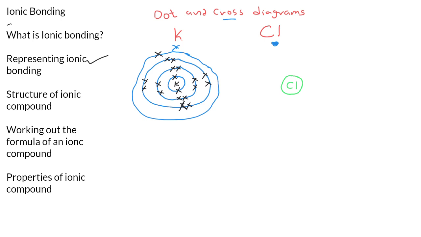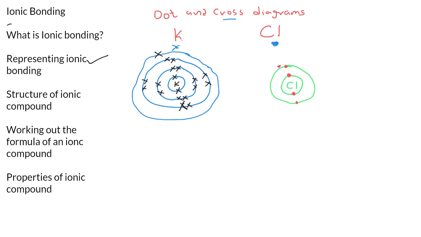Okay, so remember I said we're using dots. So you want to differentiate the atom. That's why we're using dots. So the smallest shell will take a maximum of 2 electrons, and then the next shell can take up to a maximum of 8.